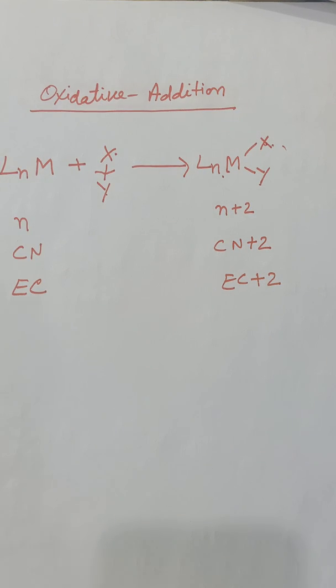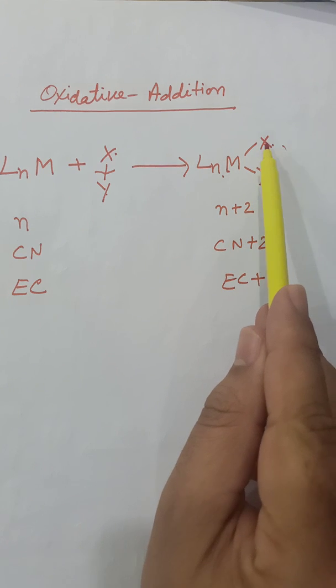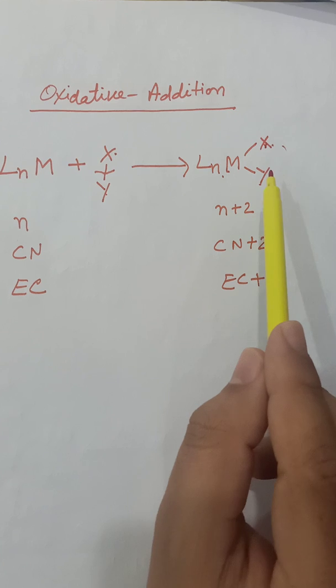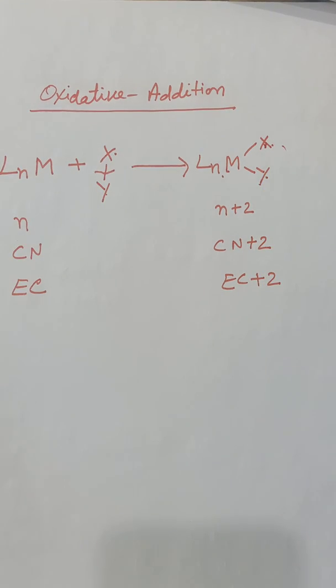Why is there an increase of +2 in electron count? Because one electron is coming from X, another electron is coming from Y. So in this oxidative addition reaction, the oxidation state of the metal is increasing by +2, the coordination number of the complex is increasing by +2, and the electron count of the complex is also increasing by +2.